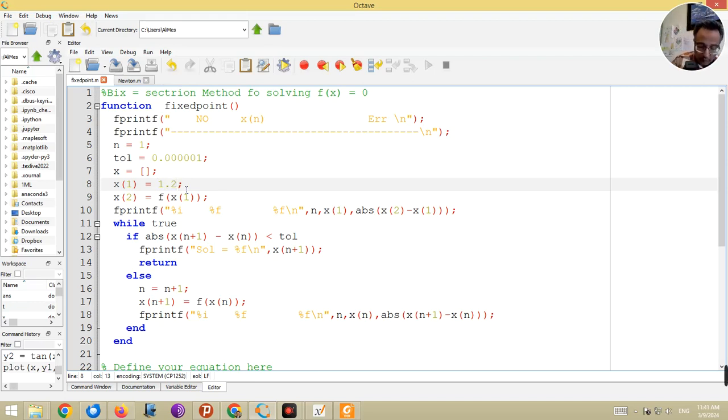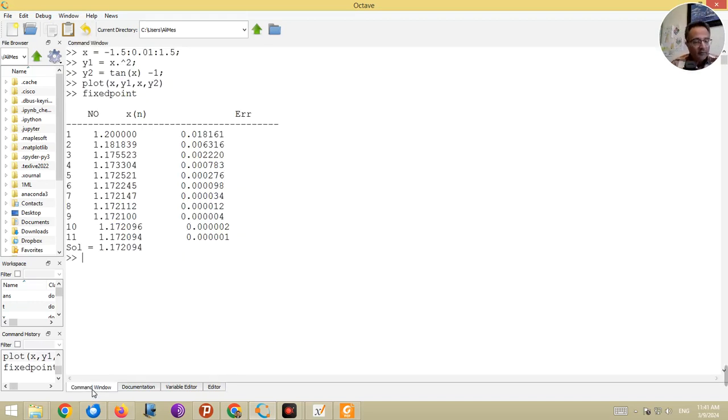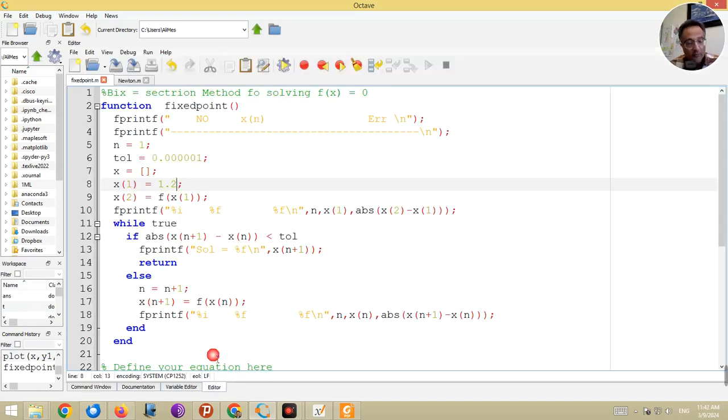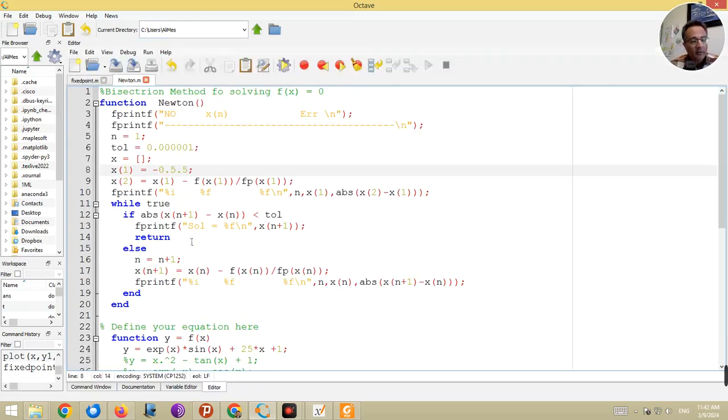Okay, so if we run it, we can find out the solution or the root of the equation is 1.17 in 11 iterations.